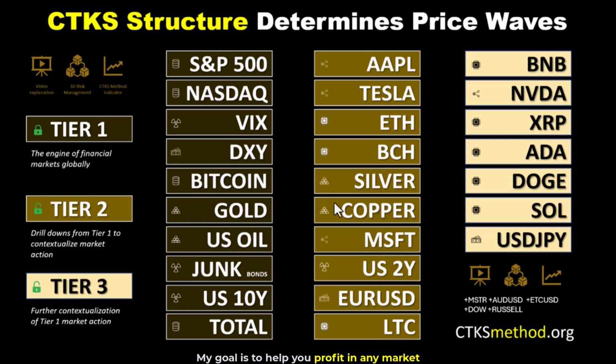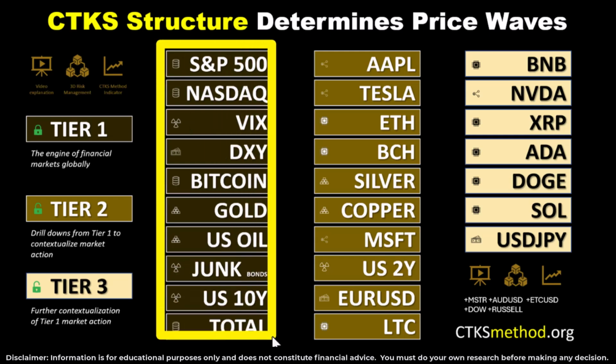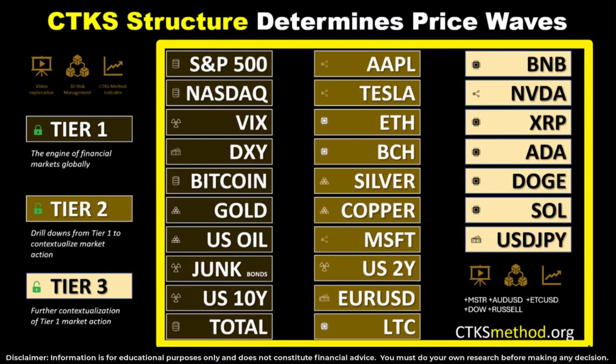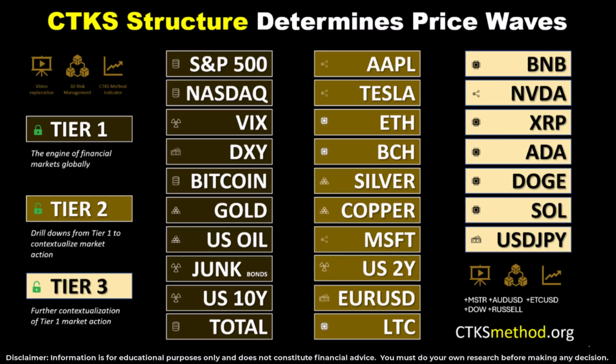You just recently looked at the DXY's structural support and resistance and the VIX's structural support and resistance, and we knew ahead of time where the negative and positive fair value gaps were. It's when you can stack probabilities, when you can look across all of the Tier 1, Tier 2, and Tier 3 charts to gain the pulse of the market, that consistent profitability, you're literally on the doorstep of that.